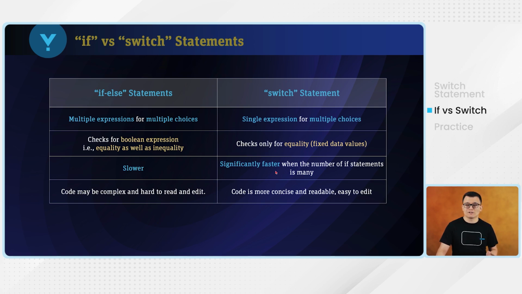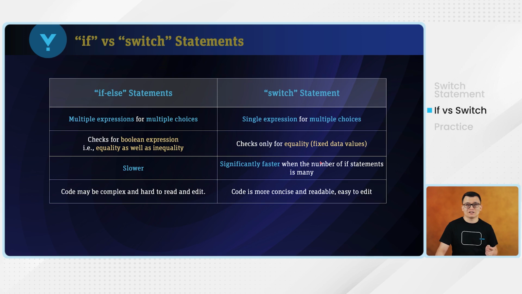The switch statement is significantly faster than the if statement because it will directly compare the values that are matching, and then it will execute the case block that has the matching value. And when you use the if statement, code may be complex and hard to read and edit, but with the switch statement, code is more concise, readable, and easy to edit.